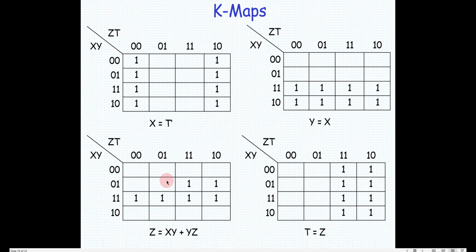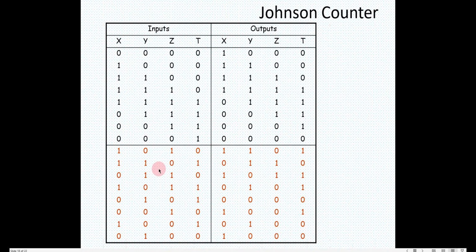So to avoid that, one option is that we don't take these as don't care conditions. We take these conditions also, and we ensure that if it is in this condition, it has to come to 0.